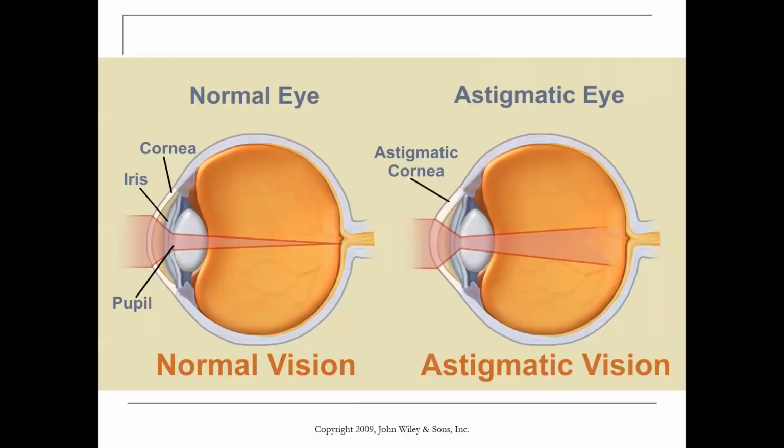What's happening is that our cornea with astigmatism, instead of focusing the light rays, allows them to spread out. So astigmatism gives us a blurred, altered image on the retina because of the way the light rays spread. Instead of focusing directly to a point, they spread out.